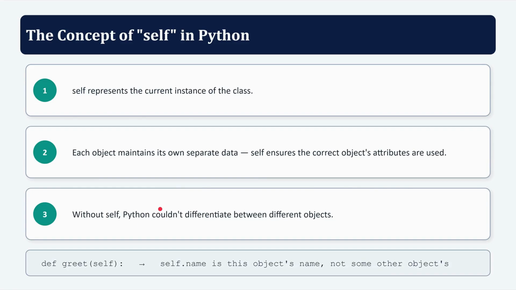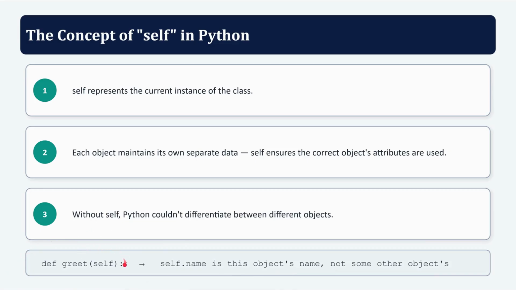The concept of self in Python. Self represents the current instance of the class. Each object maintains its own separate data, and self ensures that the correct object's attributes are used. Without self, Python wouldn't have the ability to differentiate between the different objects. Here's an example.